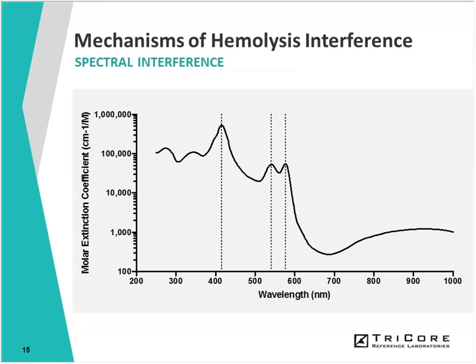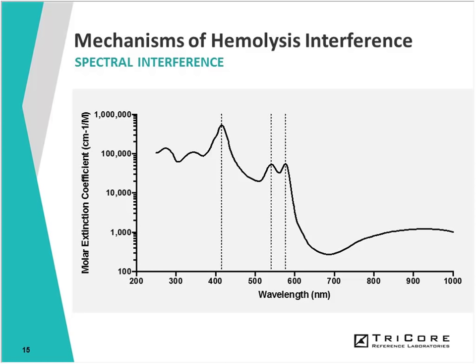Hemolyzed samples appear red in color because the heme group of hemoglobin absorbs light very strongly at wavelengths less than 620 nanometers, leaving the longer red wavelengths of light to be transmitted. And as you can see here in this hemoglobin absorbance spectra, interference of hemolysis occurs due to the ability of hemoglobin to absorb light at peak concentrations like 415, 540, and 570 nanometers.